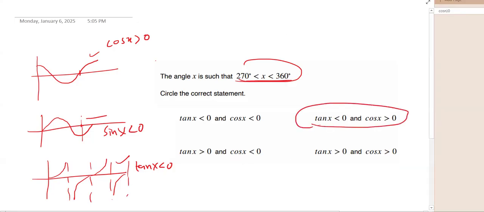So this will be the correct statement, because you can clearly see this part is from 270 to 360 for sine, and for the others as well. Clear?